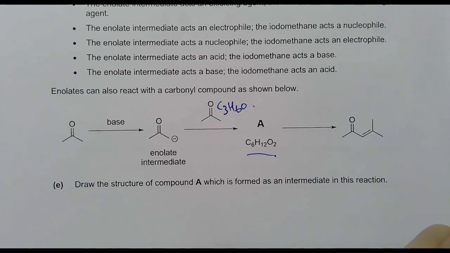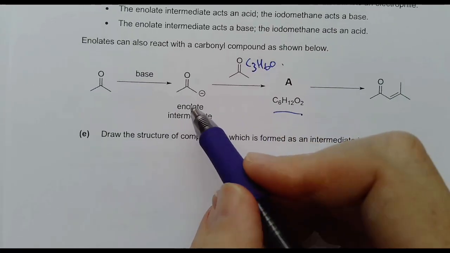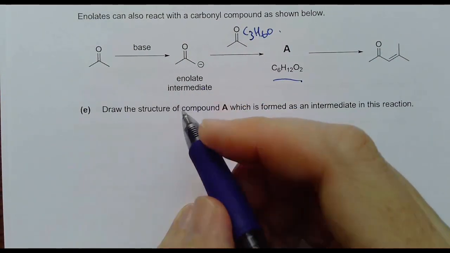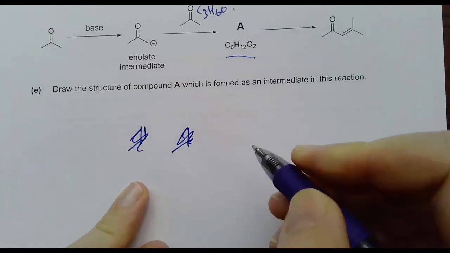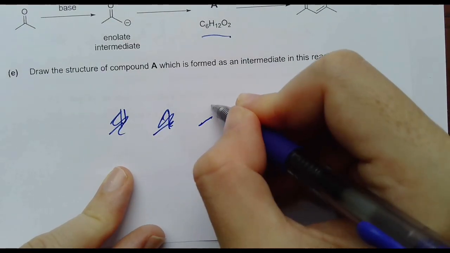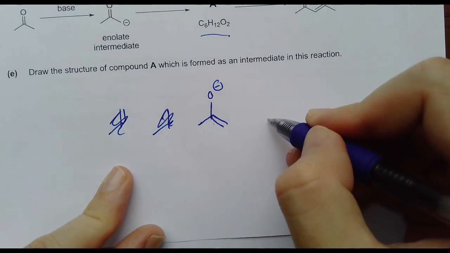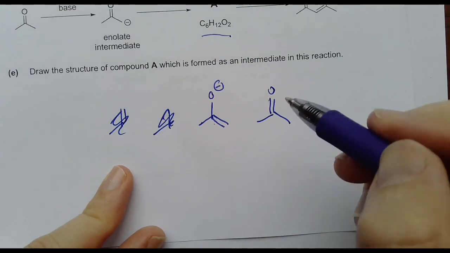Now, if we've understood the way that this reaction worked, we can understand the way that this reaction works. So instead of my enolate intermediate in this form, I'm going to redraw it like that. I'm going to try and draw it neatly, like that. And then I'm going to draw my other one next to it, and then it's going to do the same thing.